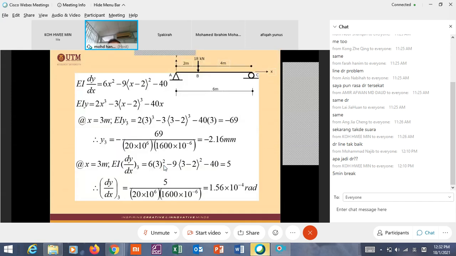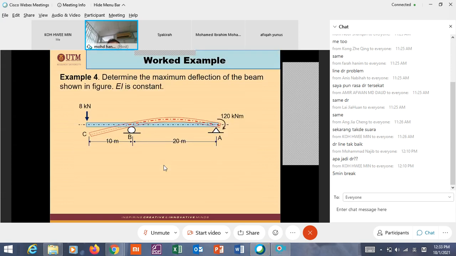When EI is given a value, then you can calculate the answer in millimeter or in radian. But if EI is constant, then your answer will be in terms of EI. EI is the rigidity of the beam, or flexural rigidity.